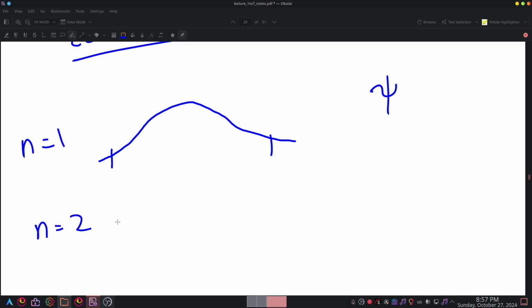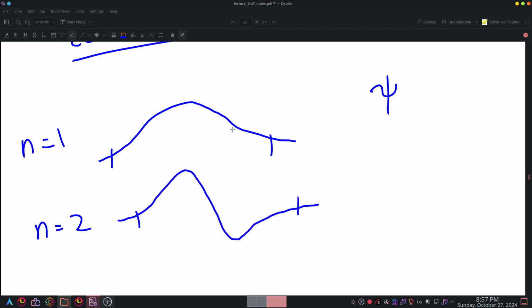Maybe n equals 2, you have something a little bit different, maybe this sine-like wave with exponential decay outside. These are some common shapes.